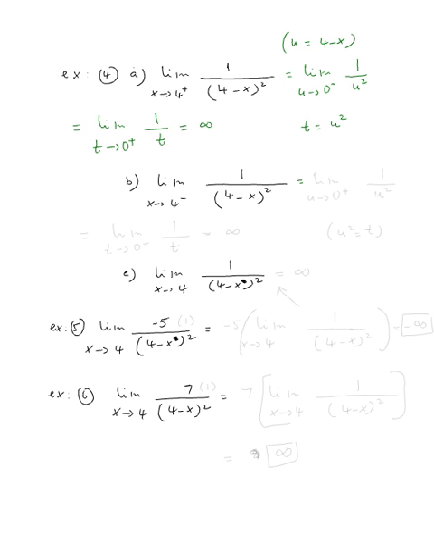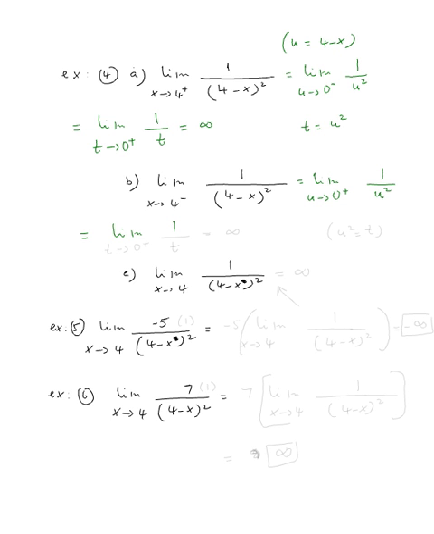Same thing for this one. This is a limit of 1 over u squared, where 4 minus x is u, as u approaches 0. Now for 4 minus x, I'm going to pick a number on the left of 4, like 3. 4 minus 3 is positive, so 0 plus. I'm going to do another substitution.